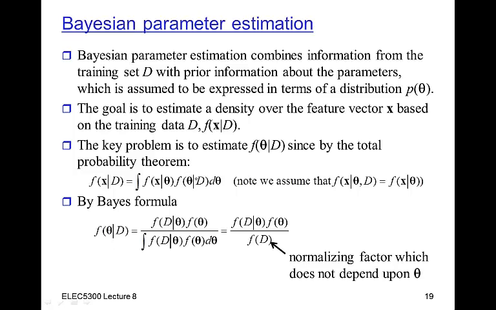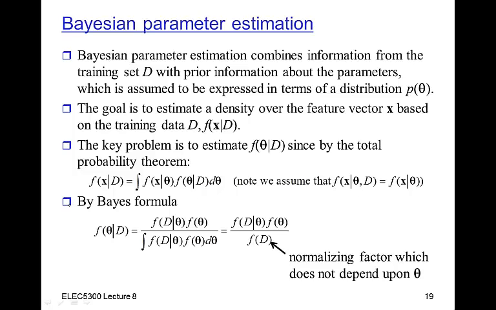Here we assume that f of x given theta and d is just f of x given theta. That seems reasonable because the distribution only depends on the parameters theta. If I know theta, it doesn't matter what d is, because d was just obtained by sampling data from this probability distribution. Theta is the complete knowledge about the things that will generate x.